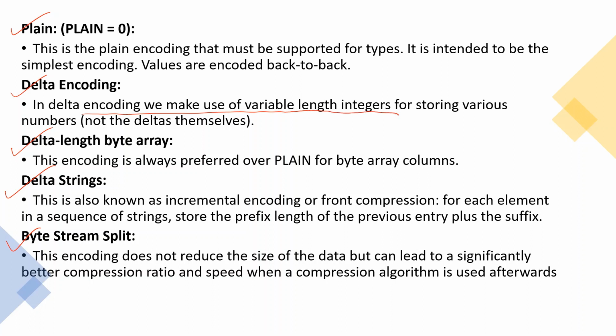Delta length is always preferred over the plain byte array column. The fourth one is delta string, also known as incremental encoding for front compression. And the last one is byte stream split. This encoding does not reduce the size of the data, but it leads to a significantly better compression ratio and speed. So this is much better. These are the remaining 5 schemes which we can use.